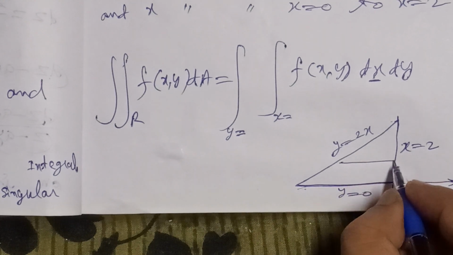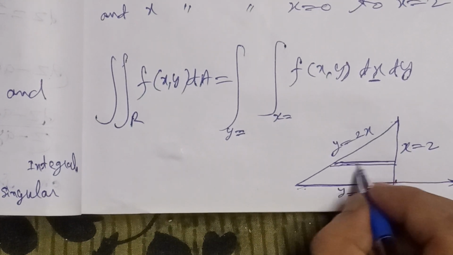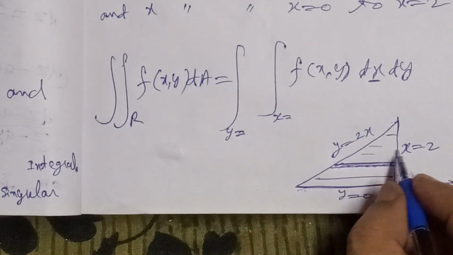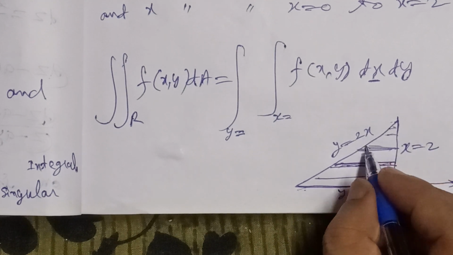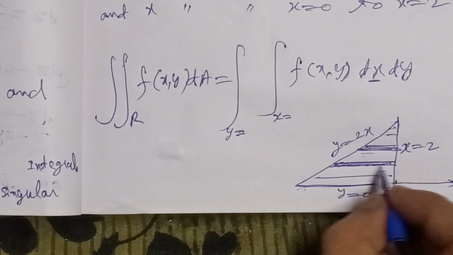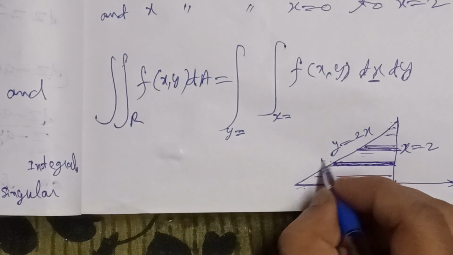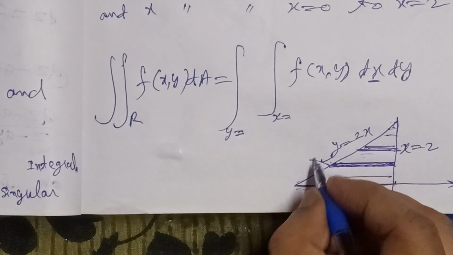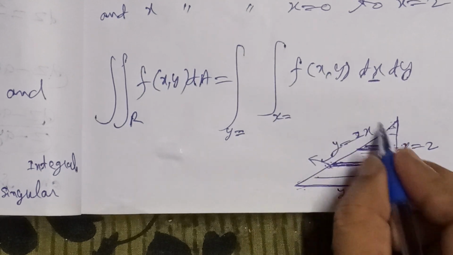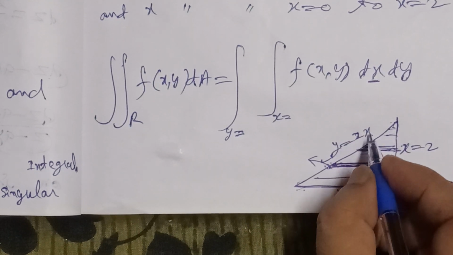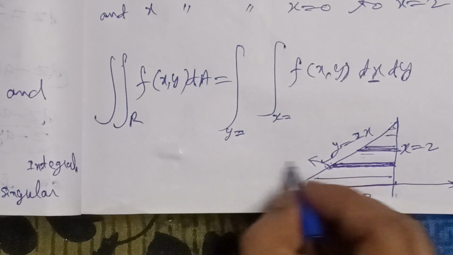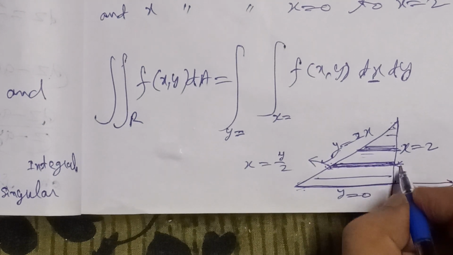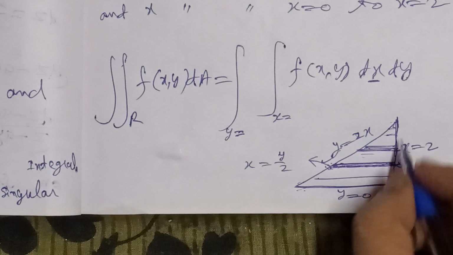We have to cover this region, taking this as the x axis, as you know. We have to draw strips parallel to the x axis to cover the whole triangular region, but we see for one strip that all strips start with this line, whose equation is y equal to 2x. So I have to find the value of x here. From this equation we can find x by dividing the whole equation by 2, and we get x equal to y upon 2, and all strips end with this line, x equal to 2.